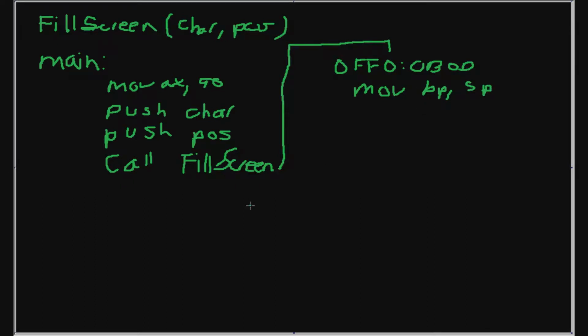And this is the stack when we are in the function at this instruction. Car is at the bottom, then the character variable, the position variable, and finally the return address, which is IP, the instruction pointer, and the code segment.